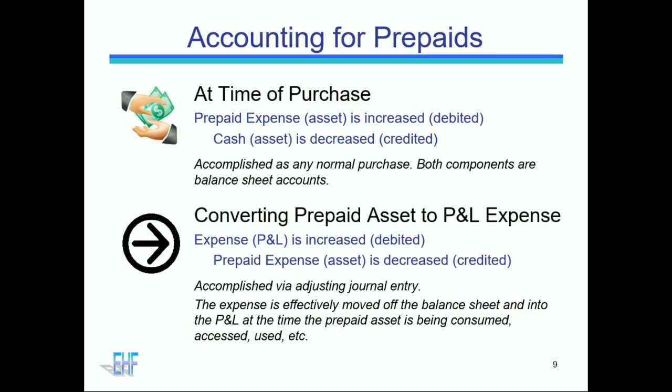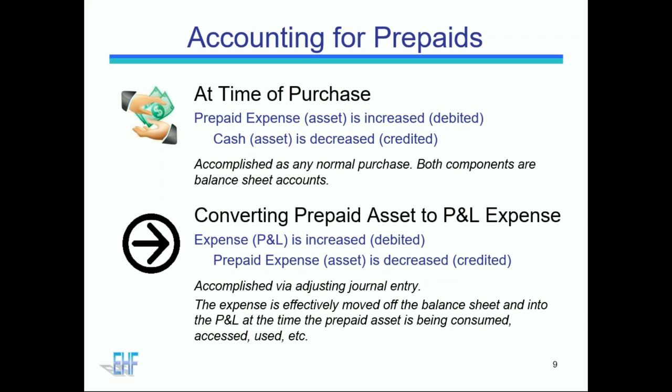For you bookkeepers and accountants watching, here's the accounting flow. At the time of purchase, a prepaid expense asset is increased and the cash is decreased, as we mentioned earlier. This is accomplished as in any normal purchase. Both components of this transaction are on the balance sheet.